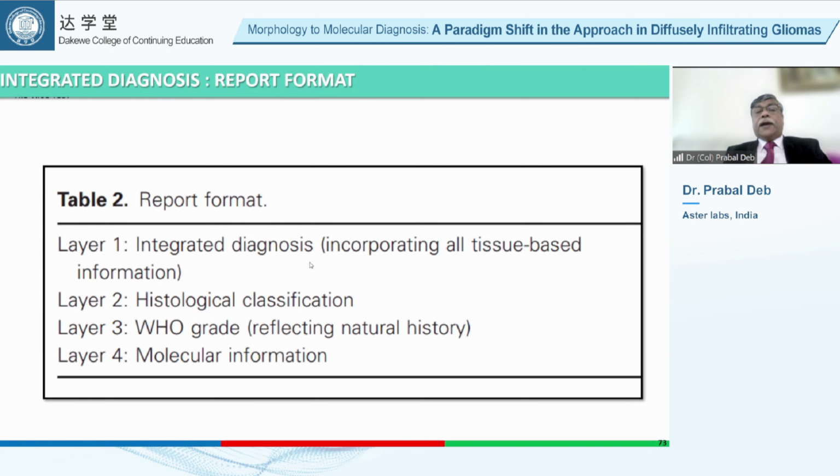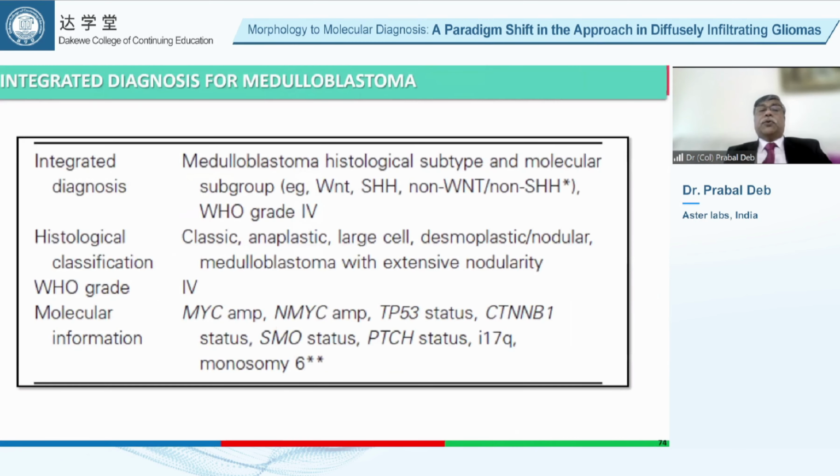That is an integrated diagnosis, first layer. Second gives histological diagnosis. Third is WHO grade. And fourth is the molecular information. Unfortunately, if a particular center is not doing molecular studies, they should leave it at a histological classification with a WHO grade and write NOS only.